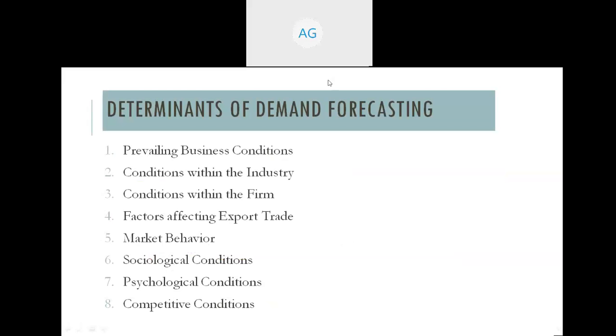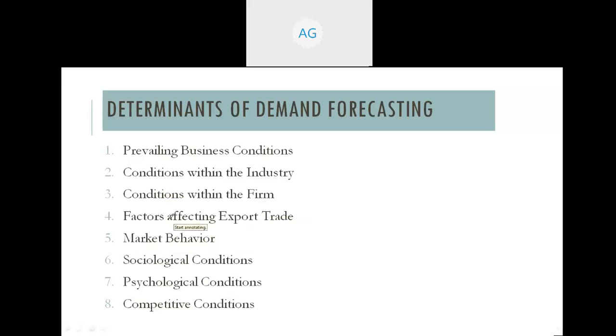So the next topic is determinants of demand forecasting. As you can see here, there are 8 determinants which define demand forecasting, or in other words, demand forecasting is basically dependent on these 8 factors.